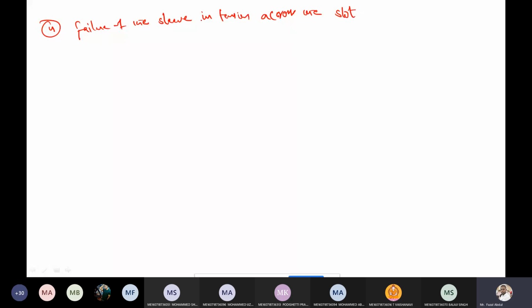Otherwise, failure of the sleeve in tension at the slot, at the weakest portion. This one we can also define as failure of the sleeve in tension at the weakest portion. I will show how it appears with this diagram.